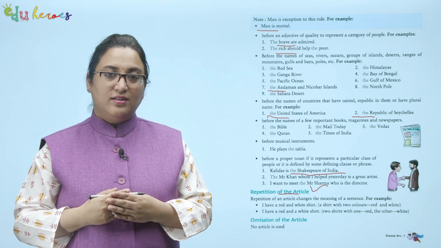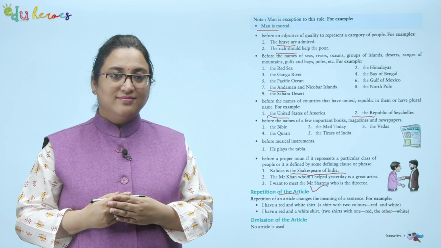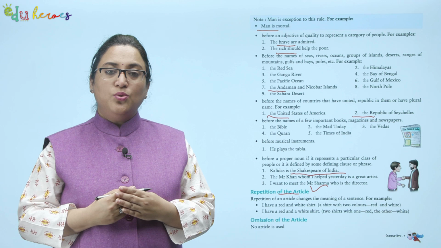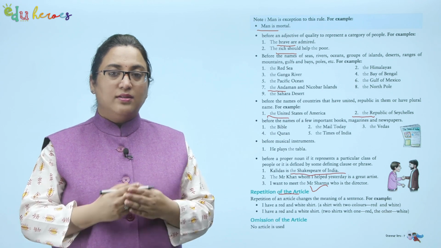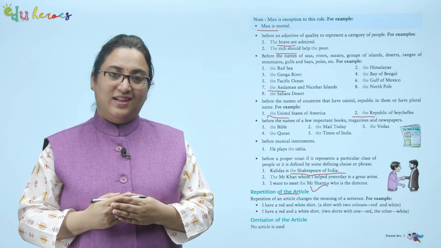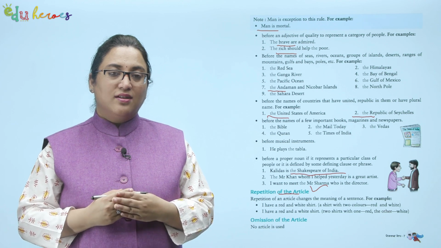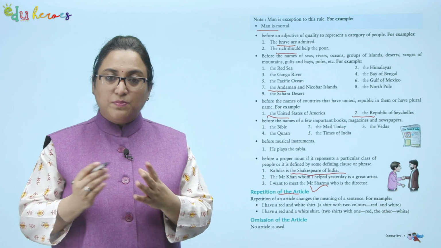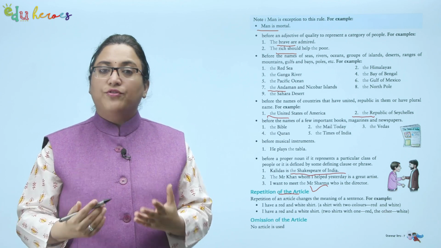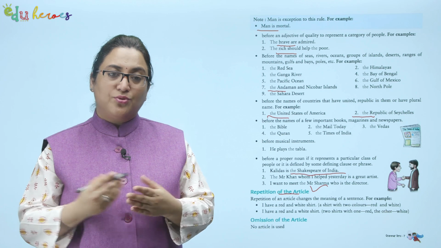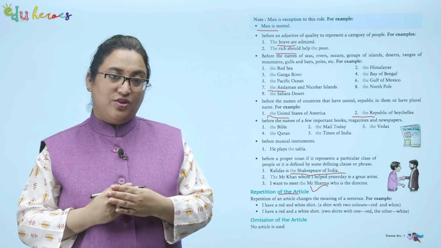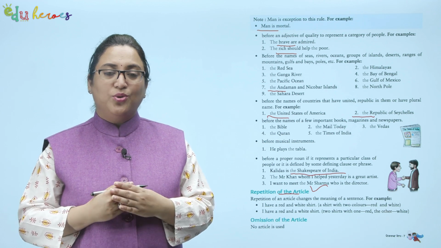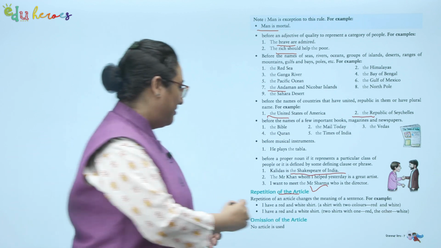What do you observe here? Is it one shirt we are talking about? No, we are talking about two shirts here. Two shirts with one red and the other white in color. So just the mention of one article or the omission or the placement makes a lot of difference, or the repetition also. Omission of the article means no article is used or no article category.